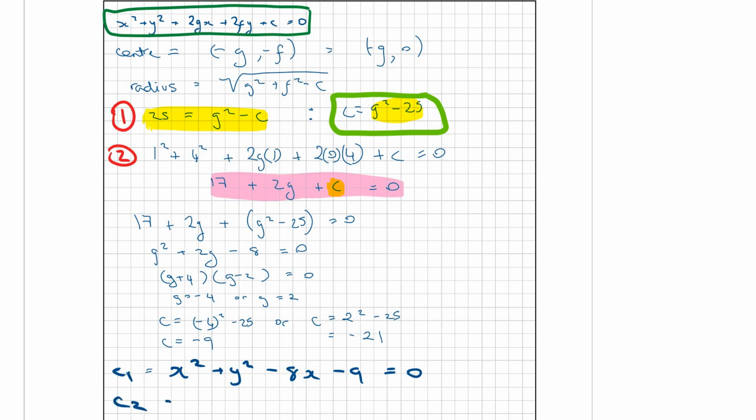And the second equation is going to be x squared plus y squared. All I'm doing is plugging this into that equation. Now I'm going to have plus 2gx. Well, here g was 2, so that's plus 4x plus 2fy, but I know that f is 0, so that's going to go, plus c, and c is minus 21. So that gives me the two equations of the circles.